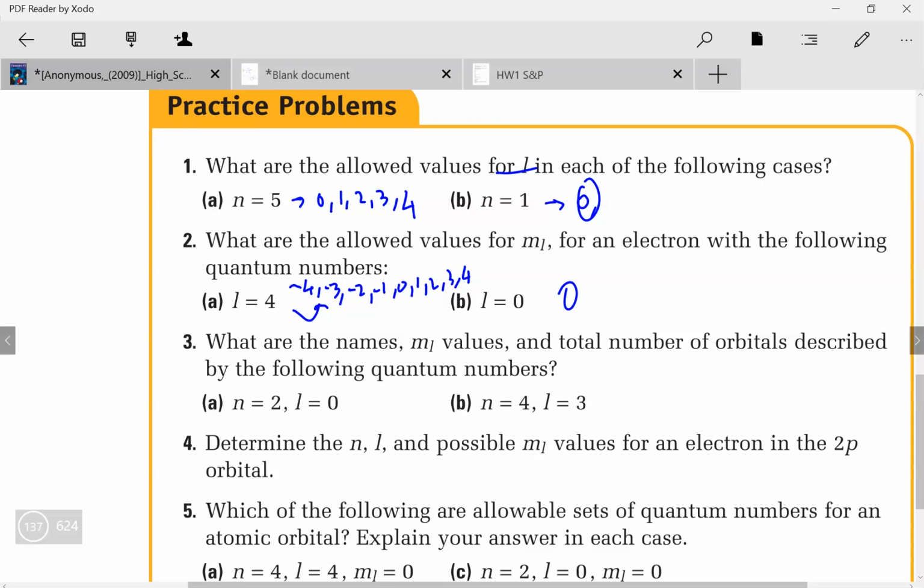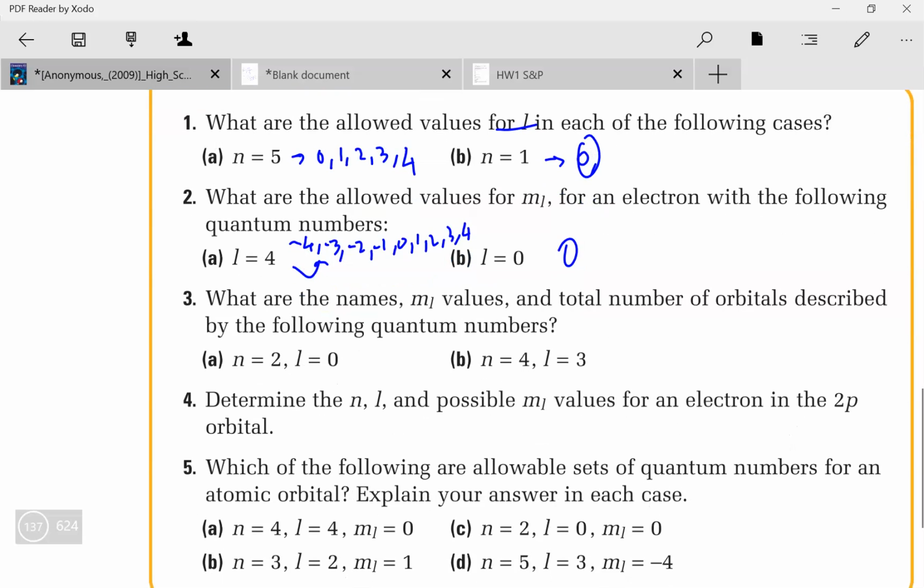What are the names, ml values, and total number of orbitals described by the following quantum numbers? So this is a 2s orbital. So ml values would be 0, so total number of orbitals is just 1 orbital. 3 would be a 4f orbital.